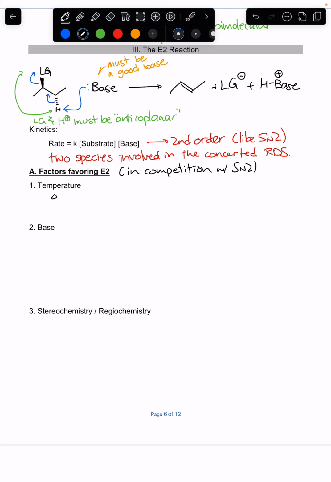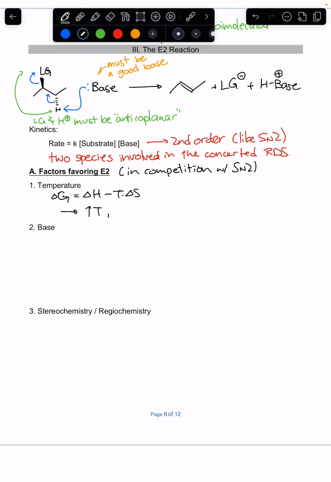First, temperature, and this is something that should make sense to you after discussing the E1 reaction. Remember the Gibbs free energy equation, and we talked about how at elevated temperature the elimination reaction should be favored because there's more particles involved. It starts with 2, but you end up with 3.